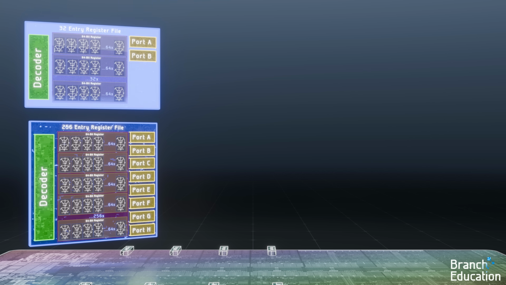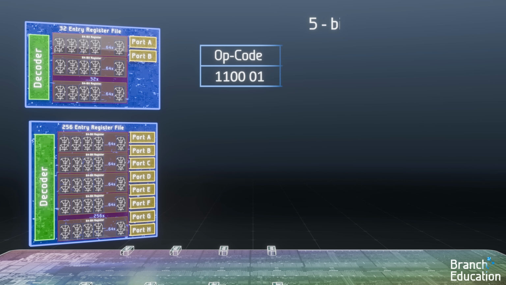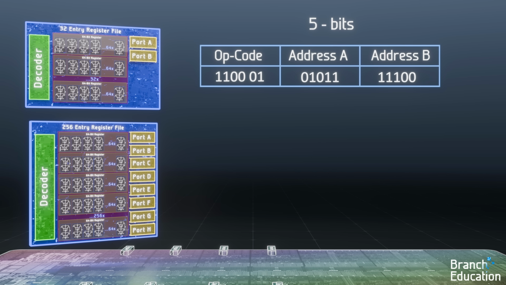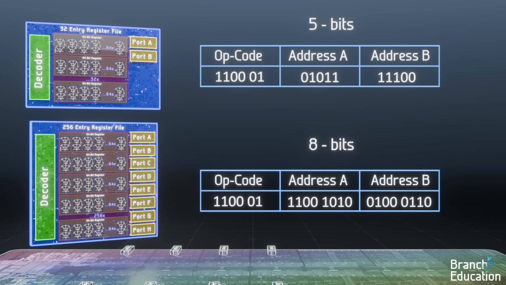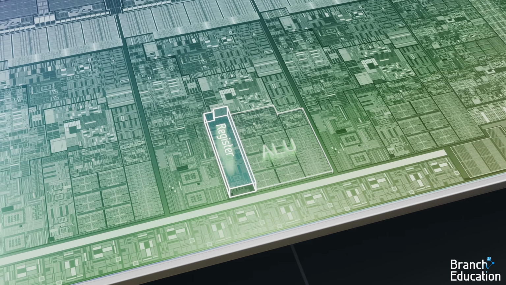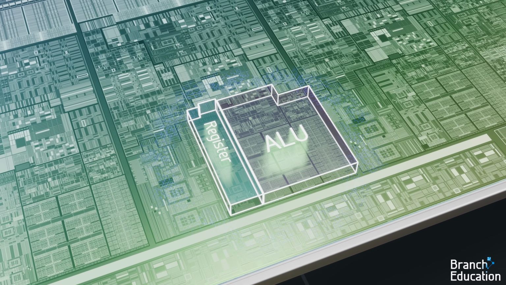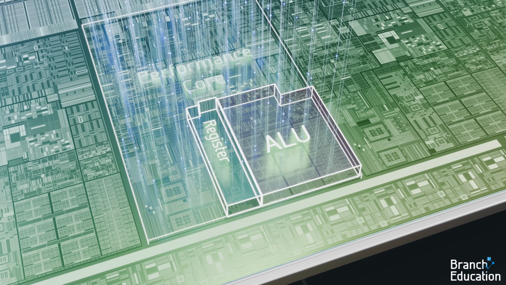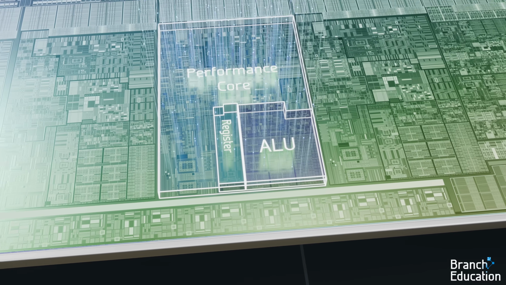Second, 32 registers are addressed using 5 bits within the instructions themselves, and therefore, increasing the number of registers would require longer instructions. In essence, registers sit directly next to the execution units and the arithmetic logic unit, where the core's calculations and logic operations occur.